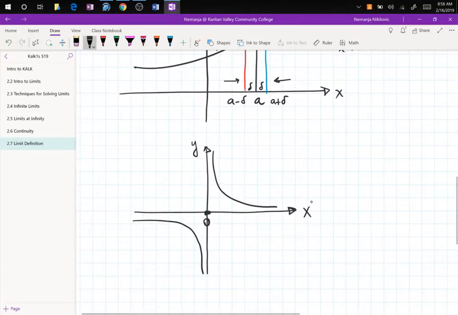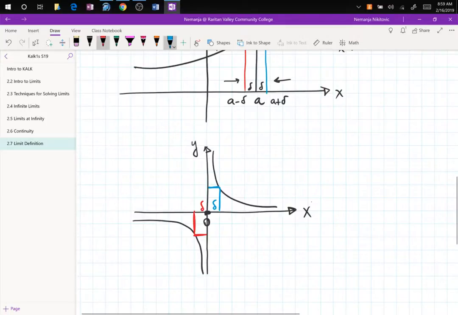Well, if you are to draw the red with a delta and then draw the blue with delta on the other side, you see what happens on the y-axis.